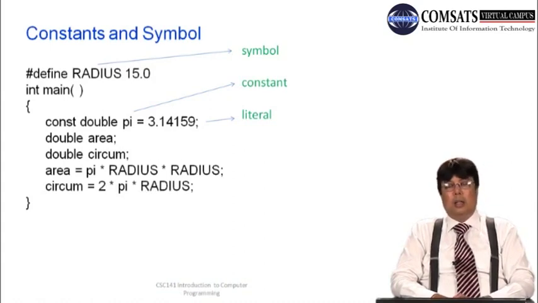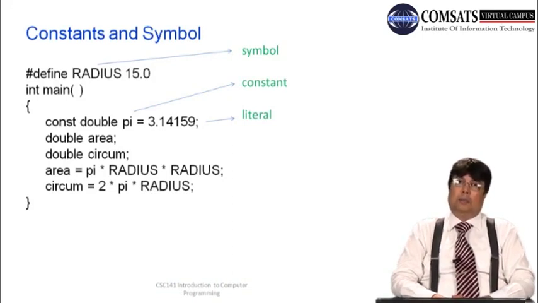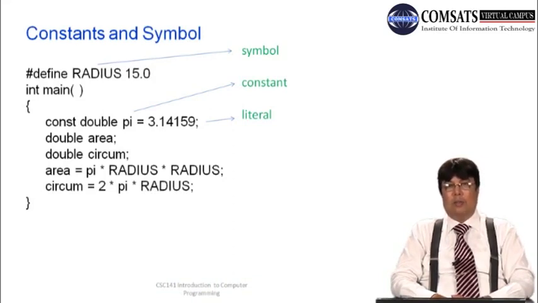We have defined a constant using the data type double pi, and we have used the word const before the data type, so this is called a constant. You named the constant pi, which is equal to 3.14159, whereas 3.14159 is a literal, because you are directly using a numeric value.